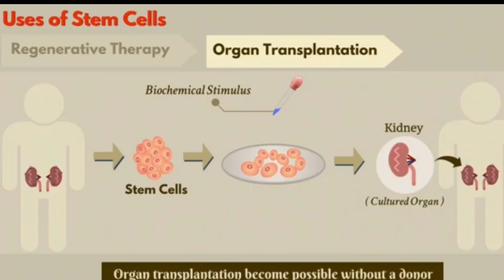But for doing all these things, the stem cells have to be collected from that person only. So like a blood bank, we have a stem cell bank also. If your stem cells are preserved there, then if any organ in your body is damaged, that organ can be cultured by the scientific method, and you can get the organ required for your body if a donor is not available to us.